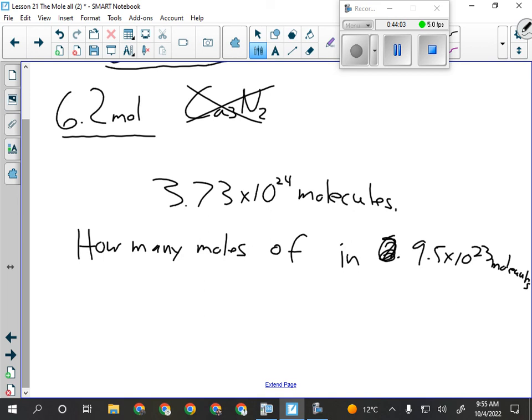So I give you the number of molecules and I ask you to find the number of moles, then you divide, and you'll get the number of moles. So that we will have to use tomorrow when I go over the 2 types of mole equation questions that involve using Avogadro's number. The extra step is just either multiplying or dividing by Avogadro's number. That's all there is to it. It's the only extra step there is.